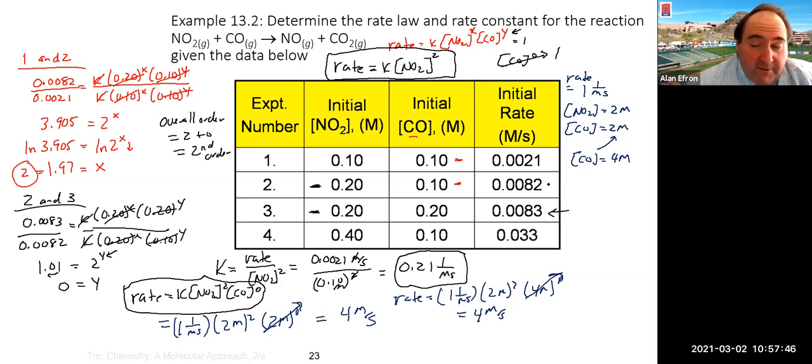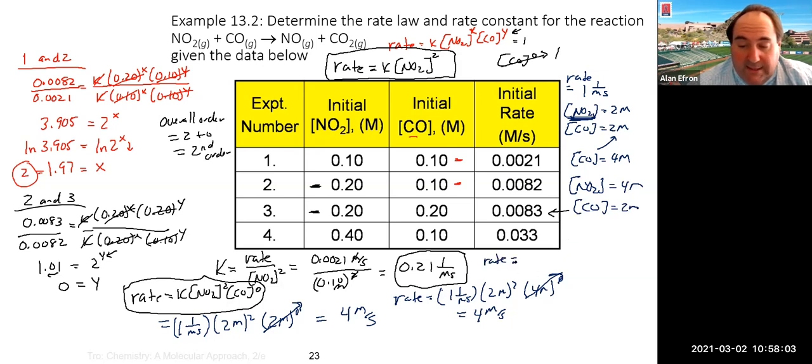In order to affect the rate, we would actually need to change the concentration of NO2. So if we change its concentration from 2 molar to 4 molar and kept the CO at 2 molar, what we would see in that particular case is the rate is equal to 1 over molar seconds, and now that is 4 molar squared.